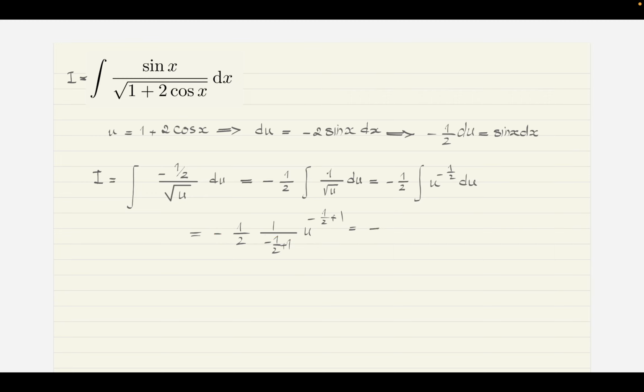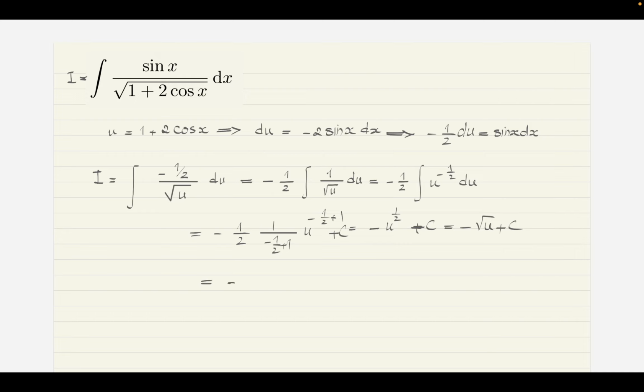So it will be minus u to power 1/2. Yes, so it will be plus c. Oh, I forgot to write a plus c here, a plus c there. So it becomes minus the square root of u plus c. And then instead of u, I write 1 plus 2 cosine x.